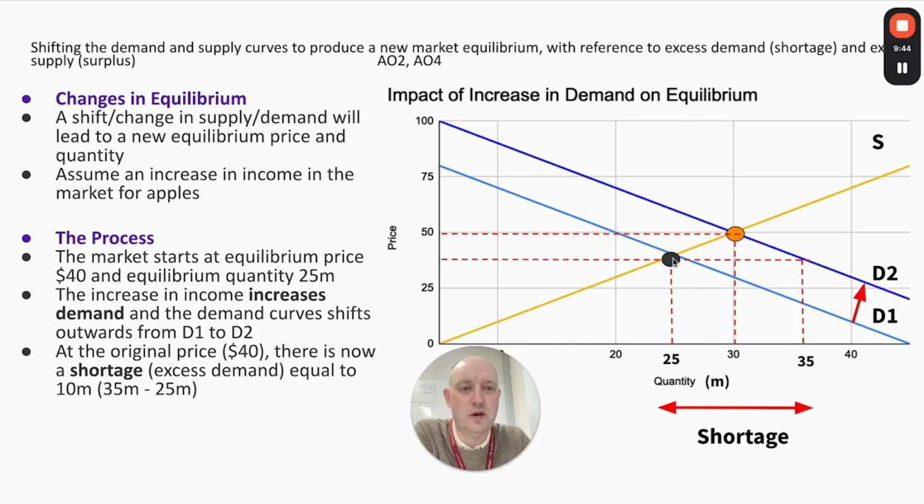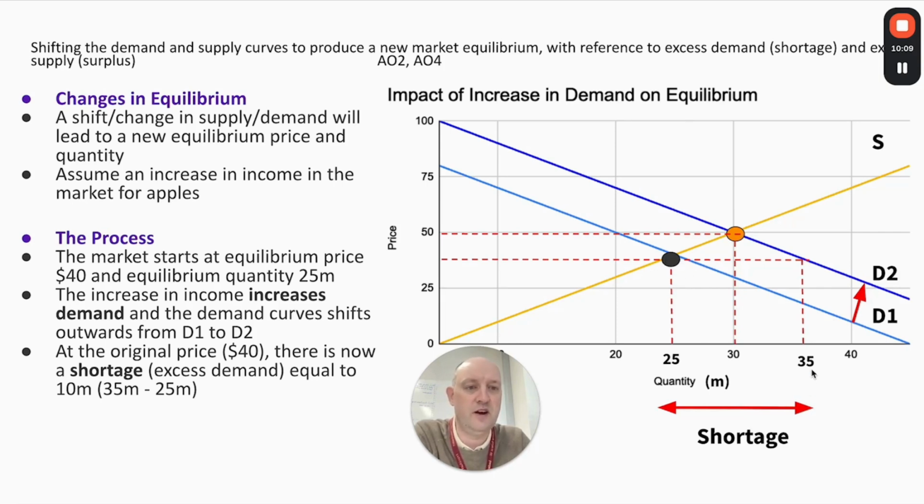The quantity supplied is still at 25 million, but now to get quantity demanded, we need to go across to the new demand curve. So the quantity demanded is now going to be 35 million. So we can say at the original price, $40, there's now a shortage because in this situation, the quantity demanded is bigger than the quantity supplied.